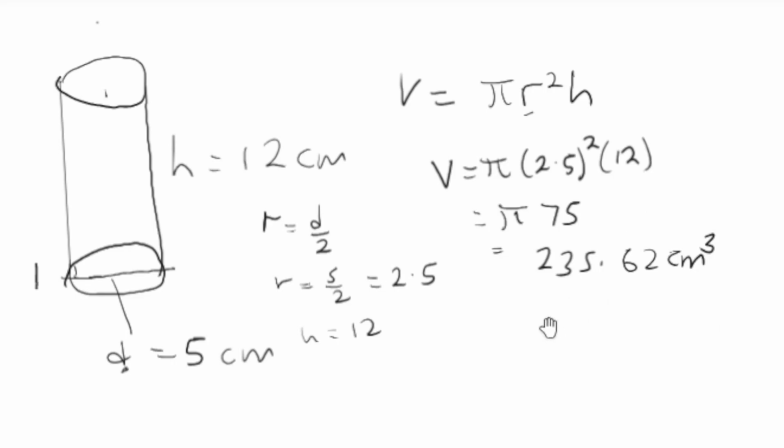What you need to know is that we never use diameter in the formulas. We are always using radius. So if your question has a diameter, you have to change the diameter to a radius by dividing it by 2.